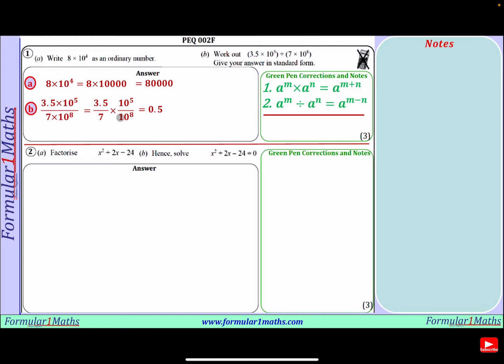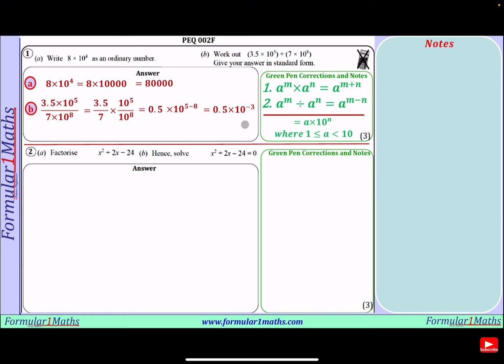Then we need to evaluate that one using rule number 2. So we take away the powers to get 10 to the power 5 minus 8. If we evaluate that, we're going to get 0.5 times 10 to the power minus 3. This is not in standard form yet, because for standard form, the first number here must be between 1 and 10.